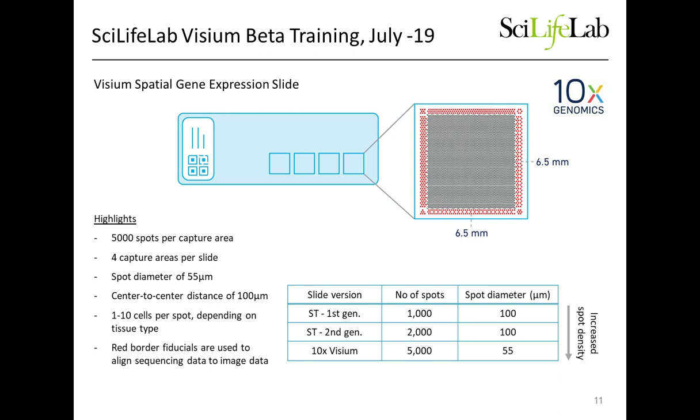The spot diameter has been reduced to 55 micrometers, and the center-to-center distance to 100 micrometers. This means a higher spatial resolution with only 1 to 10 cells per spot, depending on tissue type. Each capture area is marked with a border that is visible in the tissue image, as you will see in the next slide, and this is used to align the sequencing data onto the tissue image.